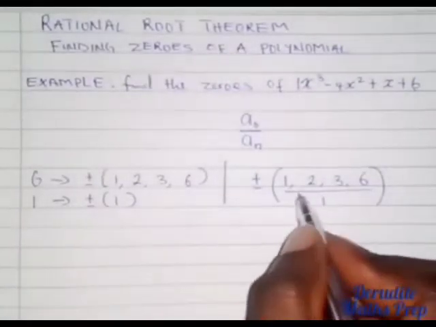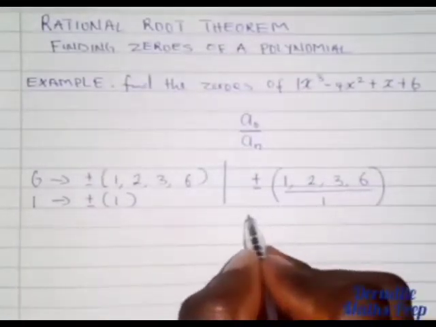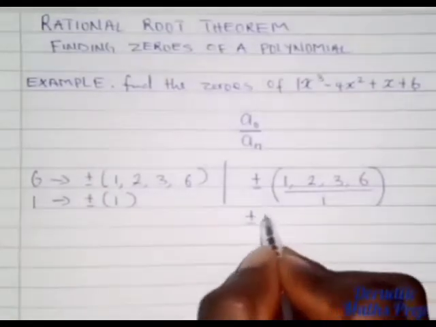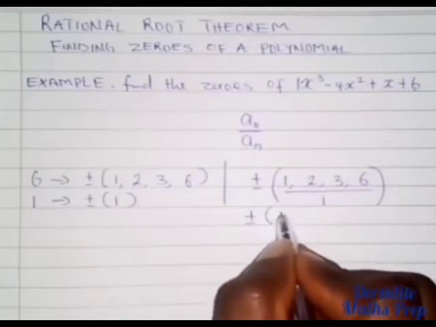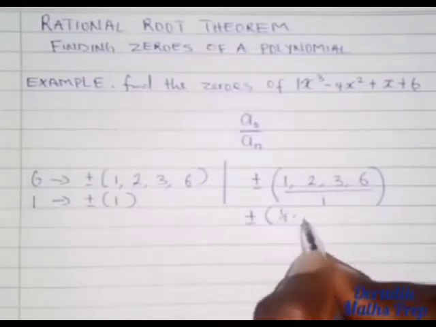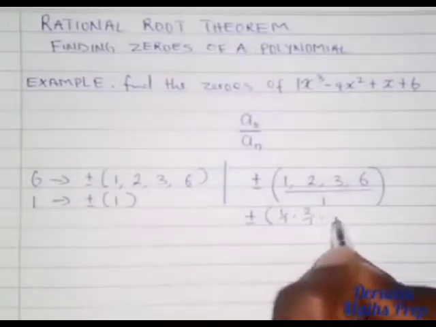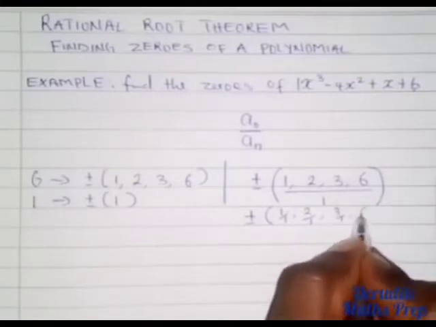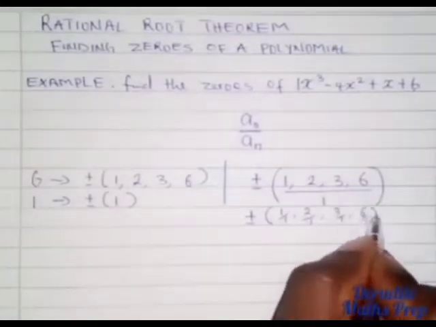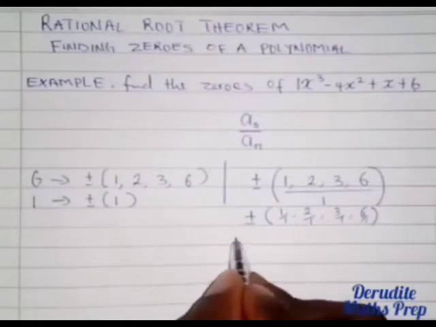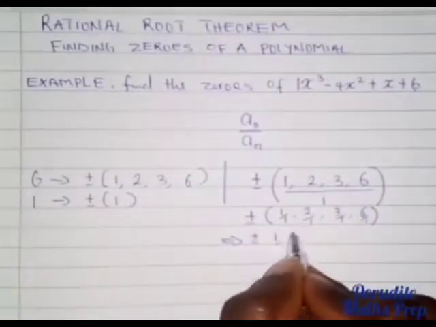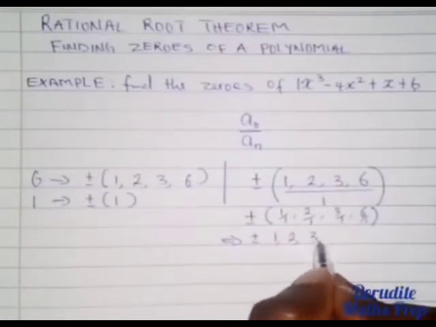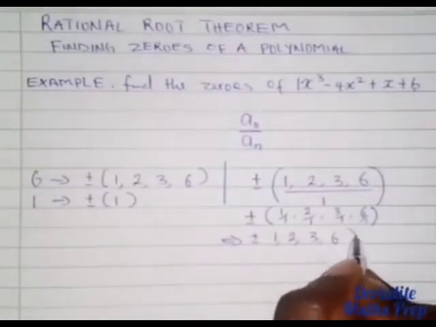We can go further to express these factors independently, that is, plus or minus, in brackets, 1 over 1, 2 over 1, 3 over 1, 6 over 1. We close the bracket. The same thing will give us plus or minus 1, 2 over 1 is the same thing as 2, 3 over 1 is the same thing as 3, 6 over 1 is the same thing as 6.